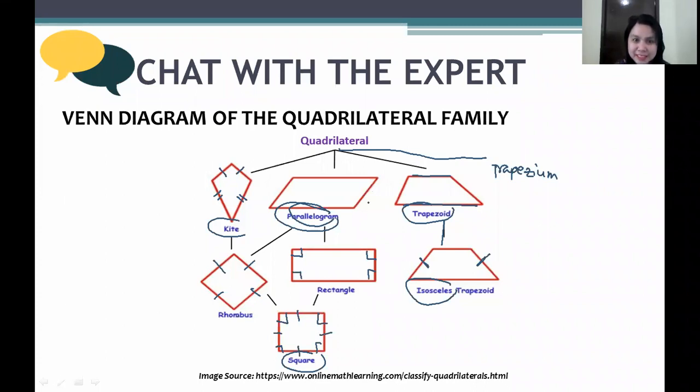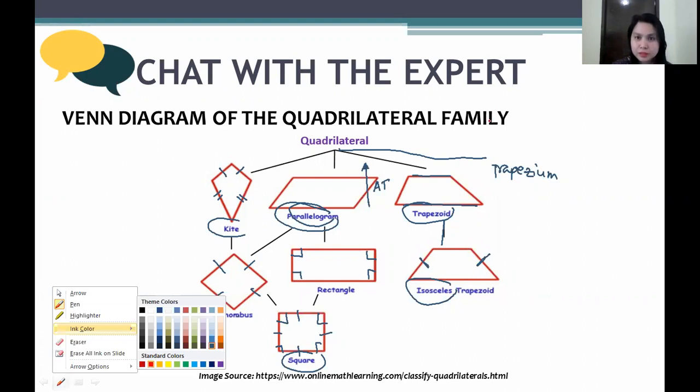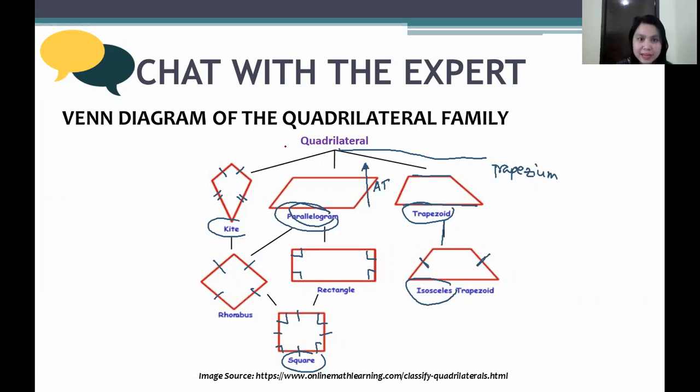My first statement, a parallelogram is a quadrilateral, is always true. My next statement, a quadrilateral is a kite, is only sometimes true. Why? Because not all quadrilaterals are kites, right? It can be a parallelogram, a trapezoid, or the rest.